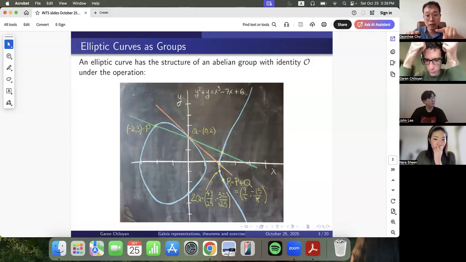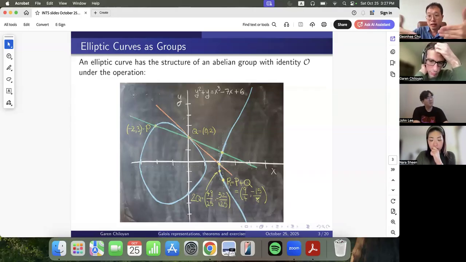That's what gives this type of curve, which looks disconnected. So what I'm imagining is that you have a torus sitting inside C2 or CP2, and we project down to the real part, and that real locus looks like this type of curve.